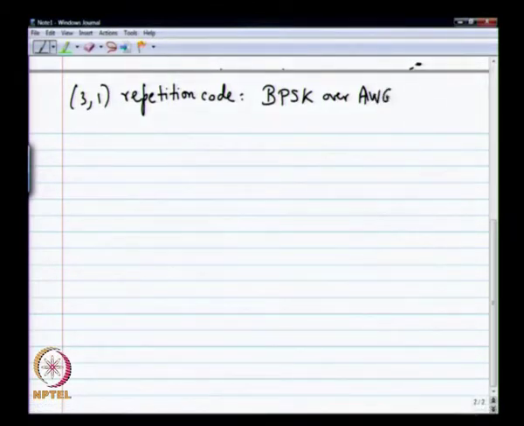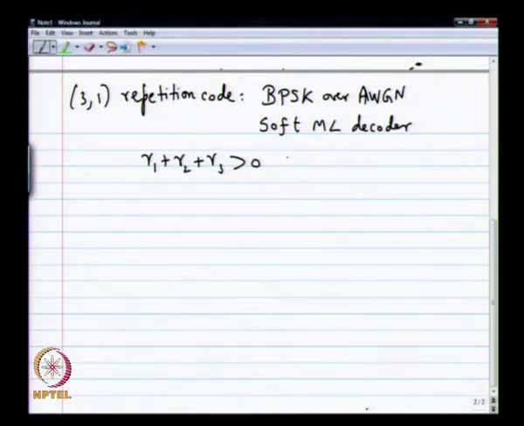Okay, we are using BPSK over AWGN, and then we are asking the question, what is the error correcting capability? What are we using? We are using the soft ML decoder. What does the soft ML decoder do? It evaluates R1 plus R2 plus R3. If this is greater than 0, it decides the transmitted bit was 0.